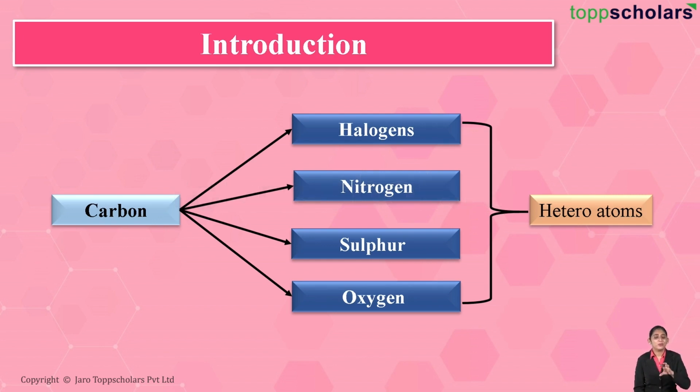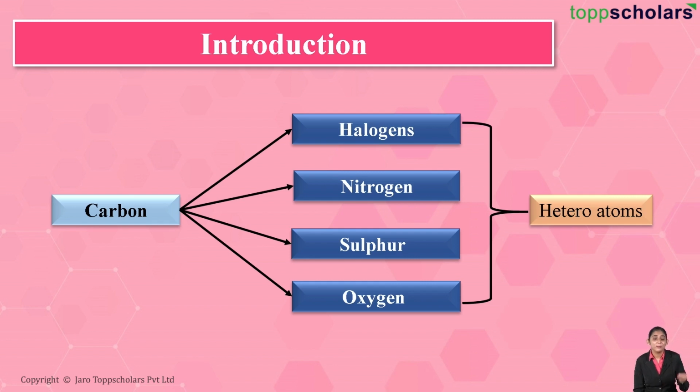So functional groups are simply the heteroatoms which substitute hydrogen atoms in the hydrocarbons, or functional groups can also be a group of these heteroatoms, responsible for the physical and chemical properties of the compounds. So that is what a functional group is. It consists of heteroatoms or groups of atoms which contain heteroatoms.